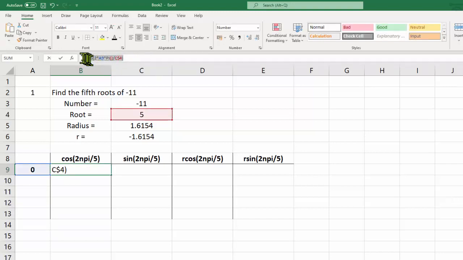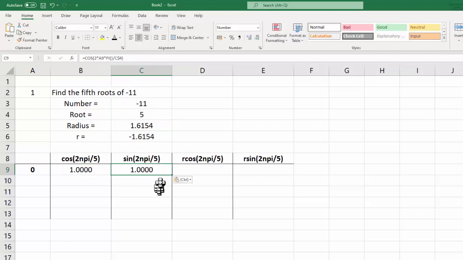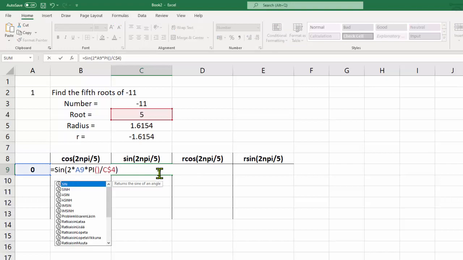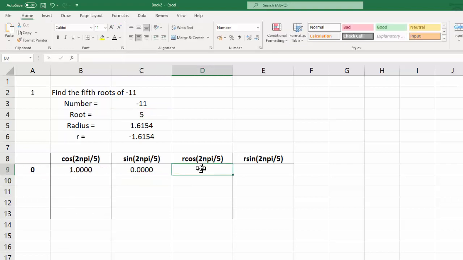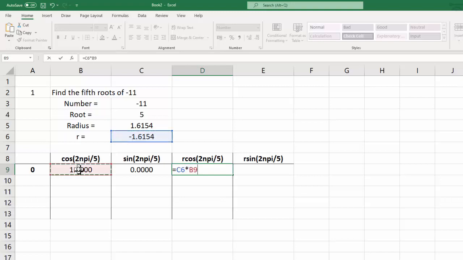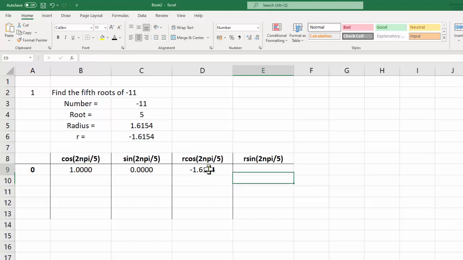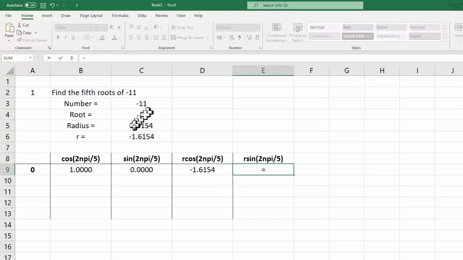Then we're going to copy that into the next cell, but then change that into a sine, and then this cell is going to equal the radius times the cosine, and we need $1 in front of the 6, and this cell is going to be the radius times the sine, and we need $1 in front of 6.